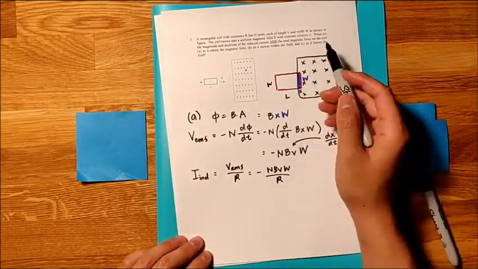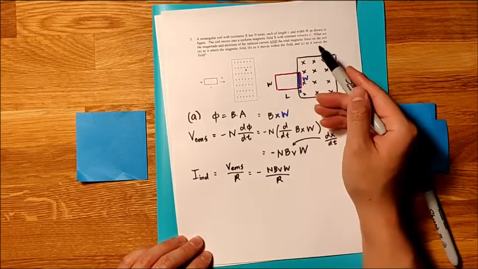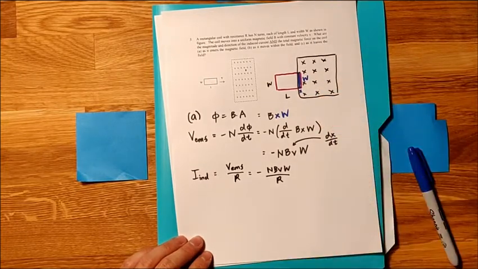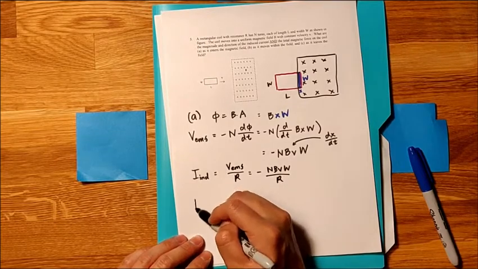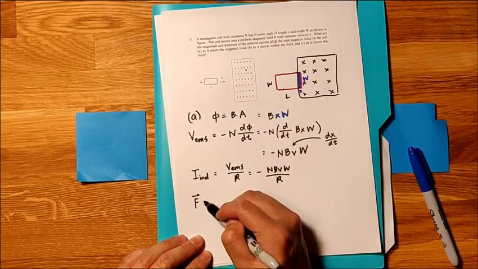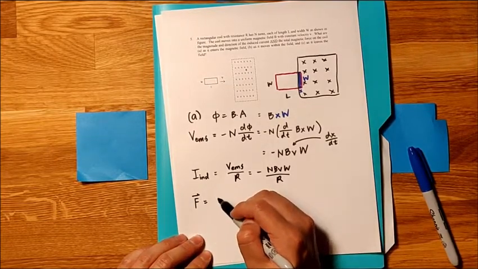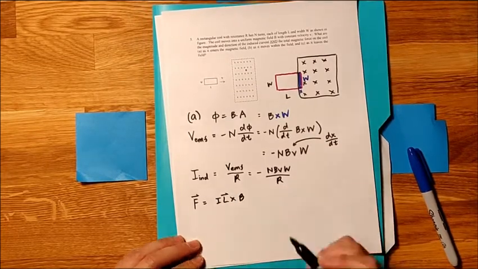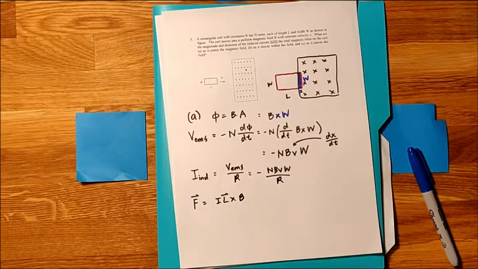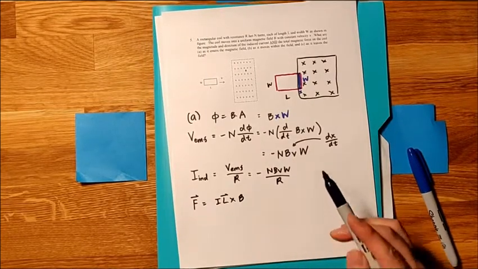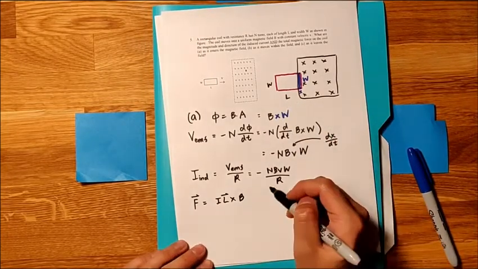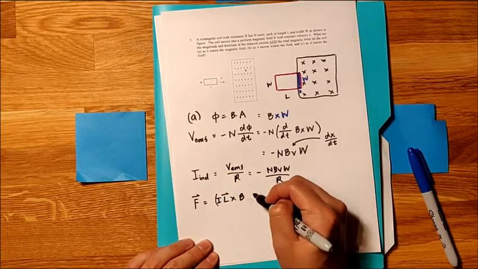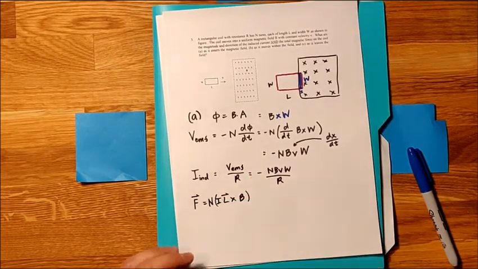Now it's also asking for the total magnetic force. In this case, we are able to use a very general force equation, which is simply I L cross B, the Lorentz force equation. But we also have to remember that it has n turns, so we can just multiply this whole thing by n.